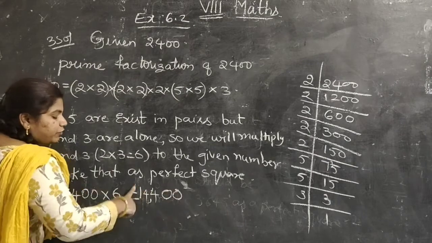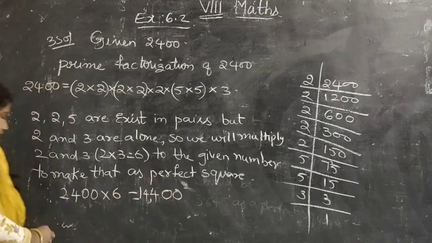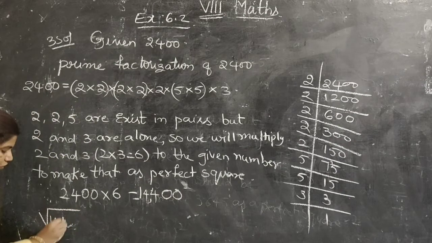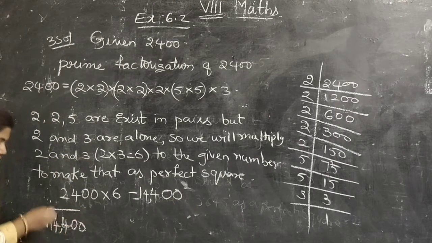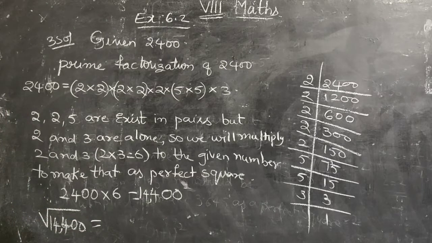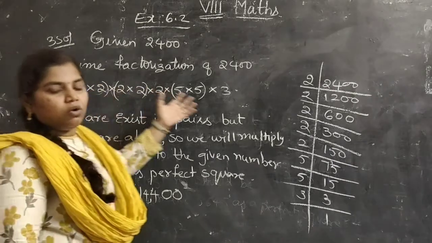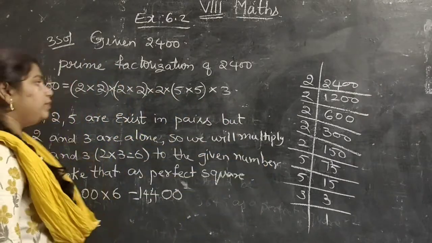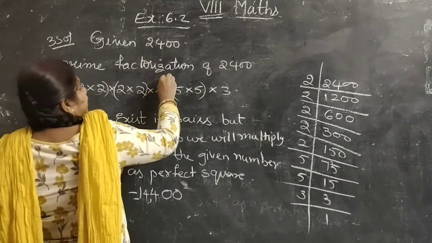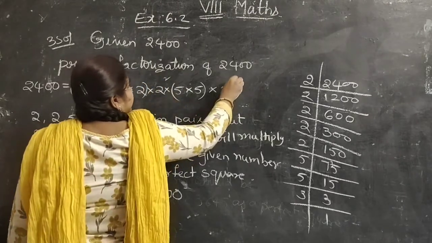Now we have to find the square root of this. So the square root of 14,400. How to find the square root? Already I told you, we can do the prime factorization method, or the long division method, or directly by seeing this we can say, because here another 2 we are multiplying, also another 3.